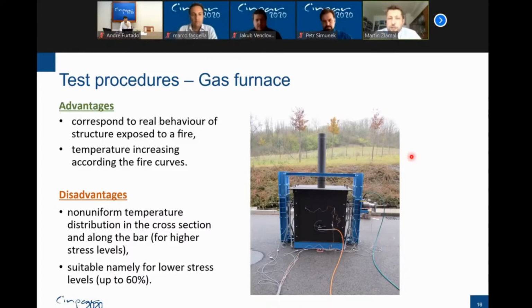If we used this experiment for higher stress levels, then the effect of creep would have a negative effect on results. And because we want clear results and we want to obtain only the influence of the increased temperature, therefore we use this procedure only for stresses up to 60% of the tensile strength.